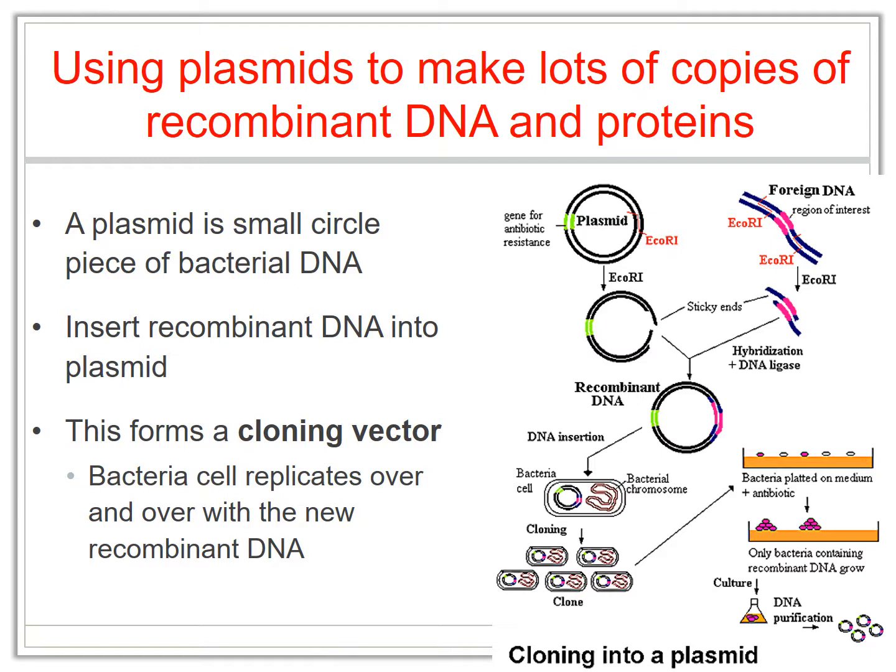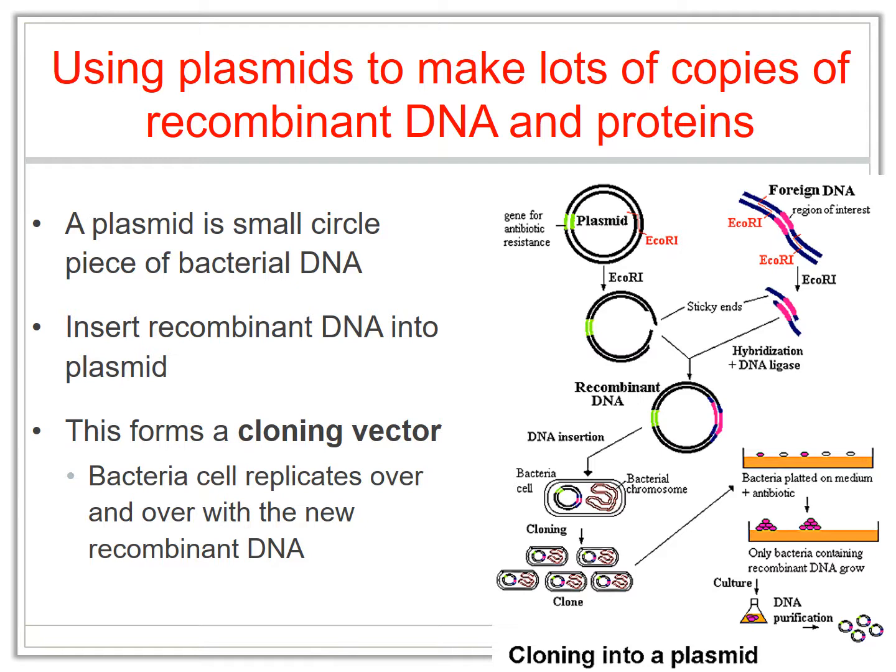The bacteria will then replicate itself over and over, and the plasmids that are inside, with the new recombinant DNA, will also be replicating, and every new bacteria will have this plasmid with the recombinant DNA. A lot of the time, using the plasmid instead of putting the DNA into the nucleoid is better, because the nucleoid has all of the genes that the cell needs to do all its normal functions.